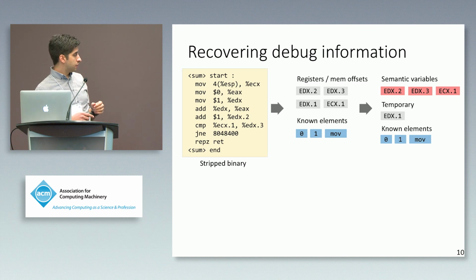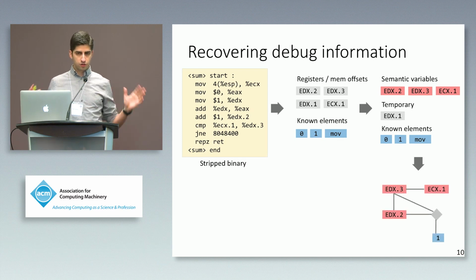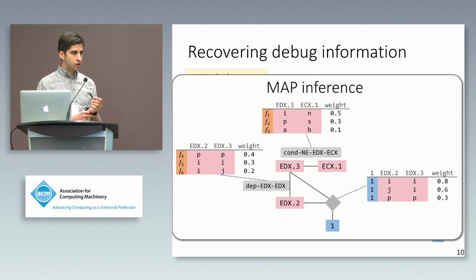Afterwards we take all the program elements and construct this large dependency graph that captures how these program elements interact with one another. And then we do MAP inference, where the goal is to find the most likely assignments of names and types to the unknown nodes in this graph.